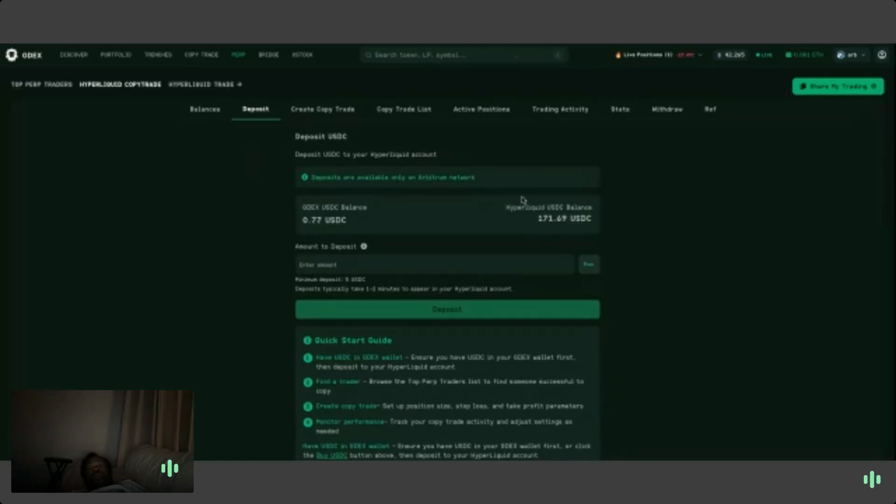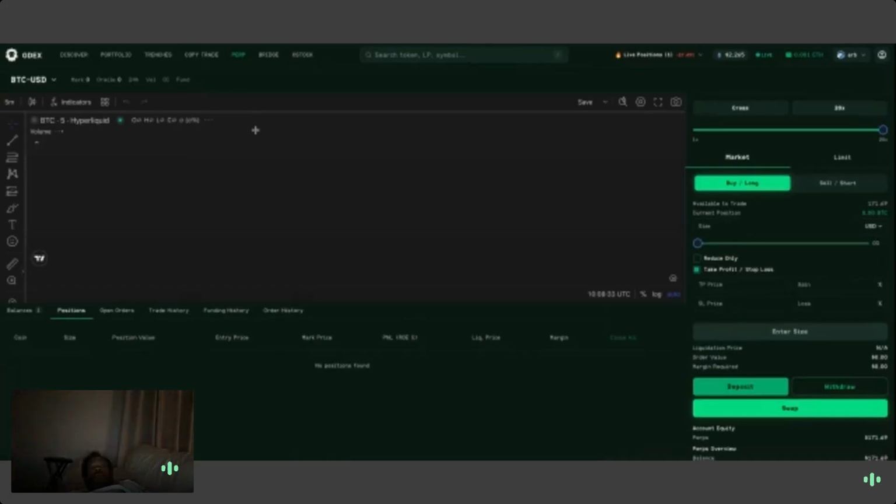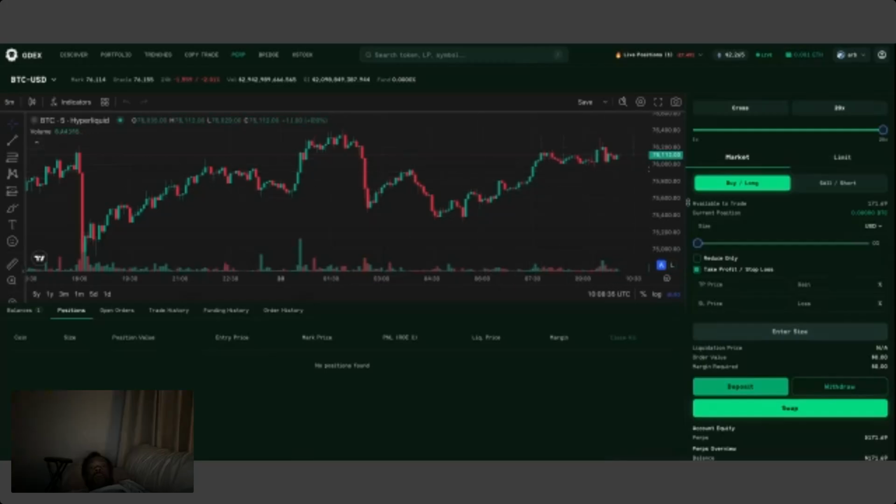So now you see that 171 is sitting there. So now I'm gonna go back to my chart, Hyperliquid. All right. So now I'm gonna go here.